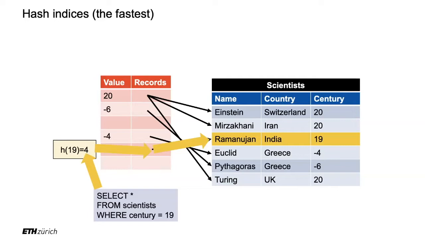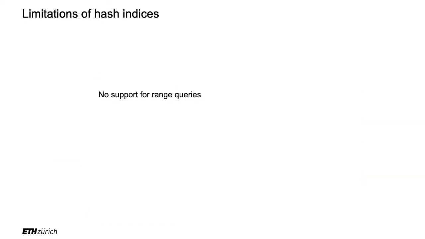So indeed, hash functions allow you to accelerate selections on predicates involving equality. But as soon as you have ranges, which are called range queries, lower than, greater than, that doesn't work anymore. So this is a big issue, and this is exactly where the B trees and the B plus trees actually come into place to help. So no support for range queries.